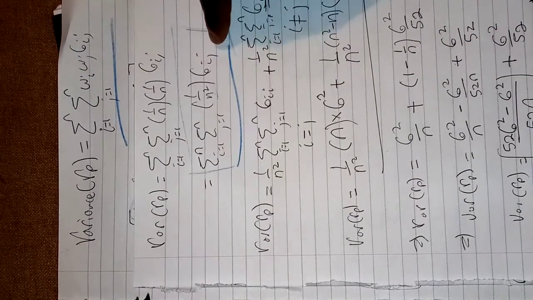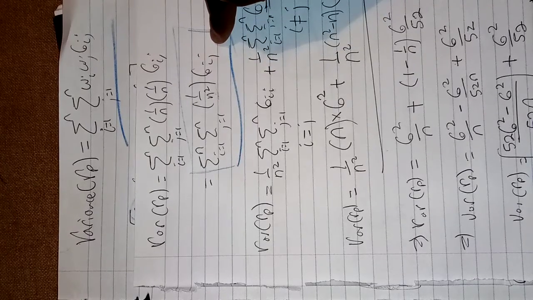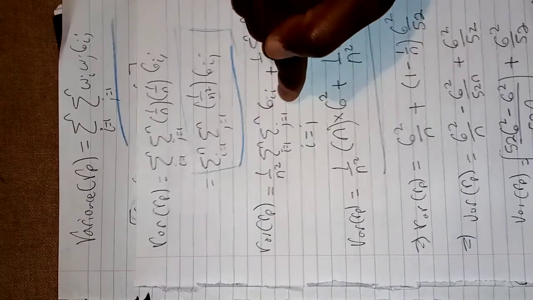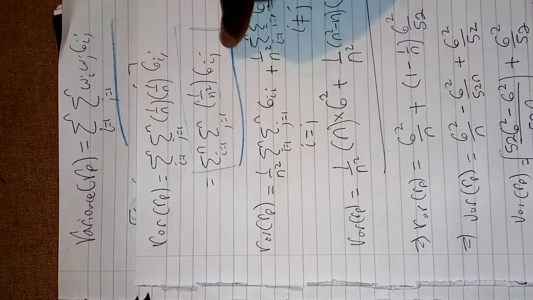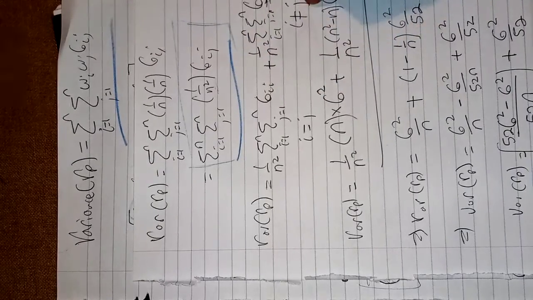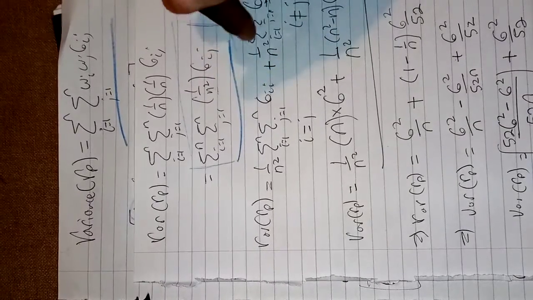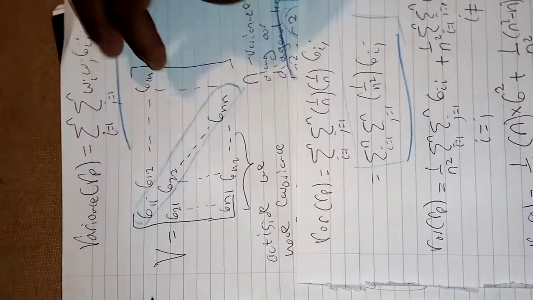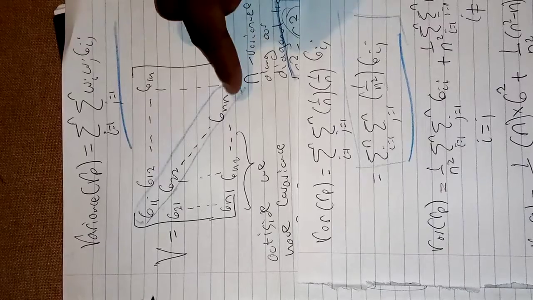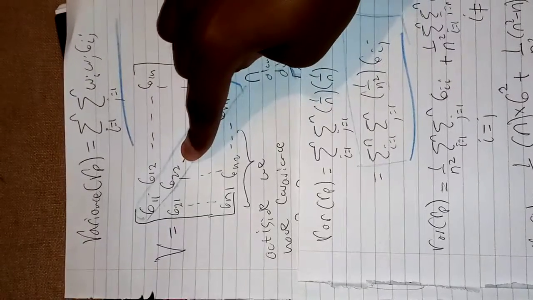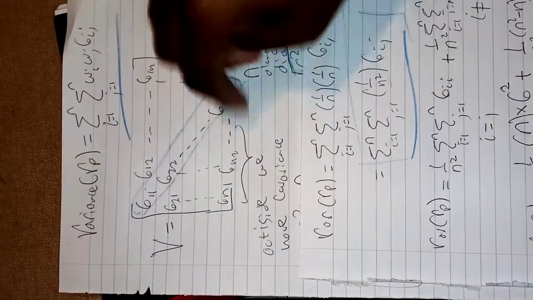Then I said we can have a case when i is equal to j, where I replace that j with an i, and a case when i is not equal to j. I'm adding up the variance of the portfolio, because you can see in our covariance matrix, we have the case when i equals j along our diagonal line, and the case when i is not equal to j outside the diagonal line.